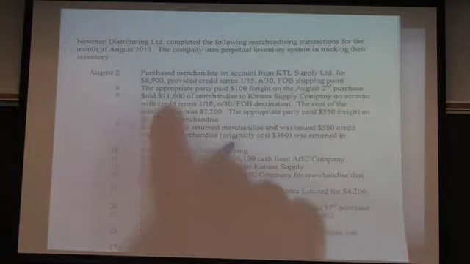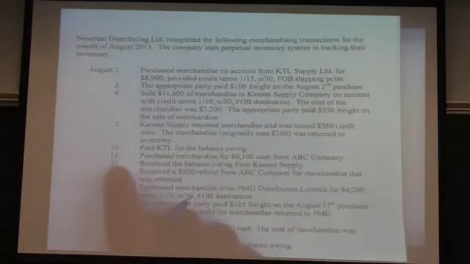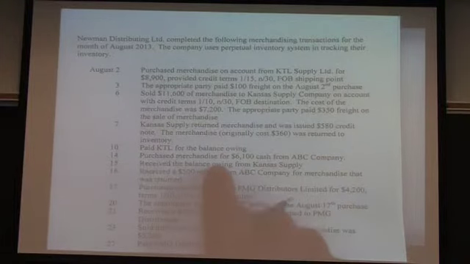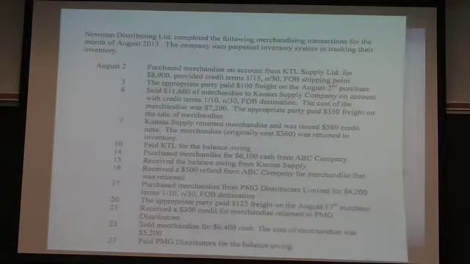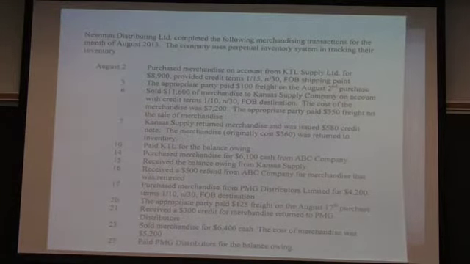Now, the date is the 6th to the 15th. Do they qualify for the discount? The answer is it's less than 10 days, so yes, they qualify for the discount of 1%. So those are the things that you've got to ask when you see these transactions. You've got to look at the dates to see whether they qualify for the discount or not.